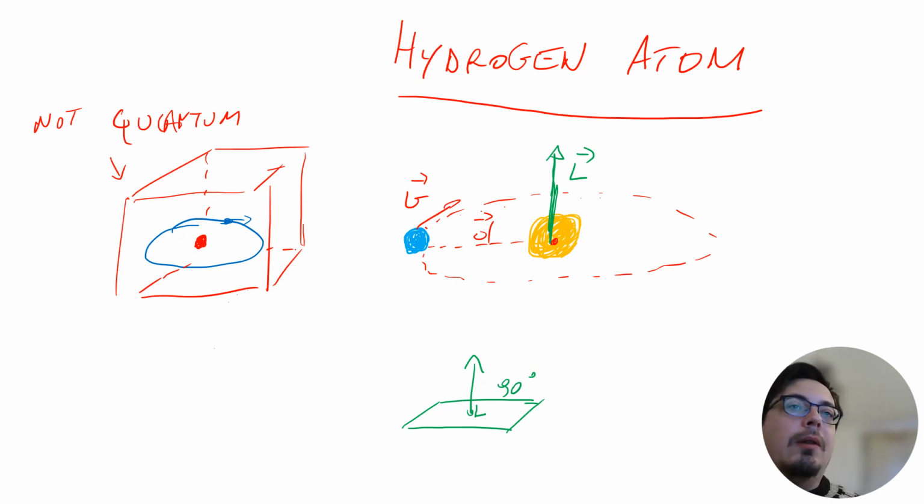Or when you put a flag on the ground, it's sticking out like a vector perpendicular to the plane. Okay, and this is called angular momentum, and it defines a rotation, because you can say in this plane an object is rotating around this vector in a certain direction. Okay, the direction is given, of course, by the velocity of the object.